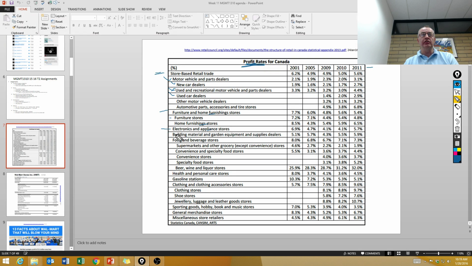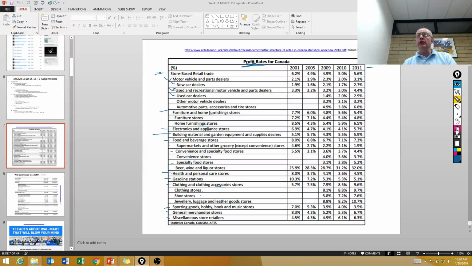Electronics, appliances, building materials, food and beverage. So we have a whole bunch of subcategories in food and beverage: supermarkets, convenience stores, specialty stores, beer and wine stores, health and personal care stores, so drugstores, gasoline stations, clothing retailers and accessories, clothing, shoes, jewelry, those are accessories, sporting goods, general merchandise, general store retailer, miscellaneous store retailers. Anyway, so we have a whole bunch of different types of retailing sectors in the economy.